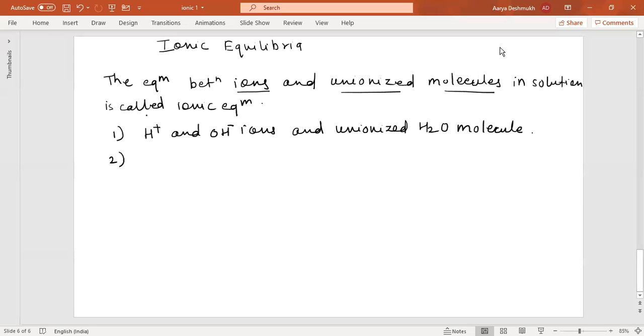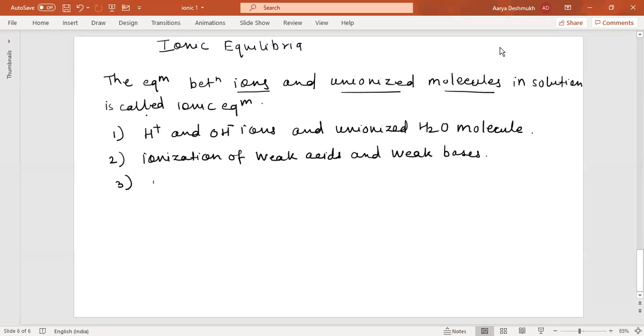Number 2, that is ionization of weak acids and weak bases. This is important. Ionization of weak acids and weak bases.